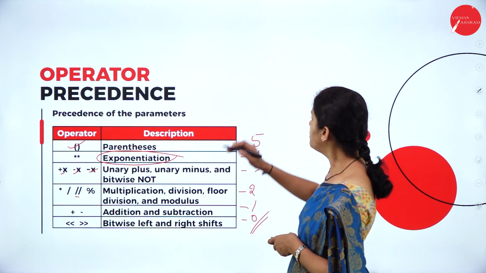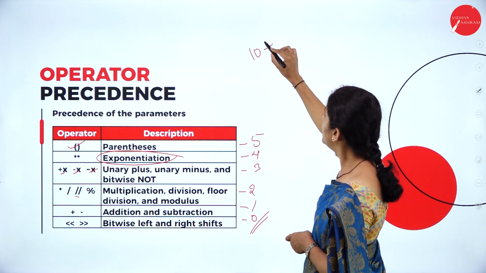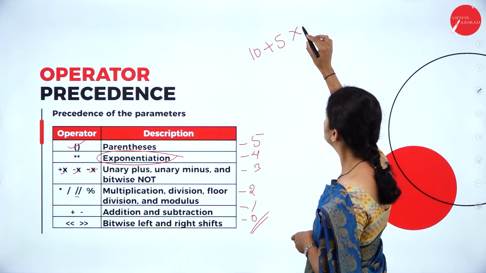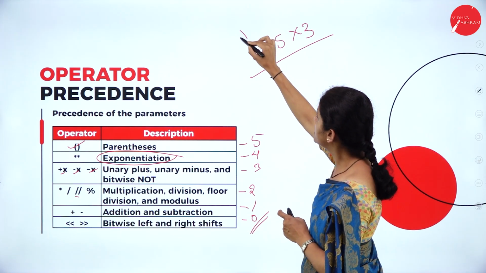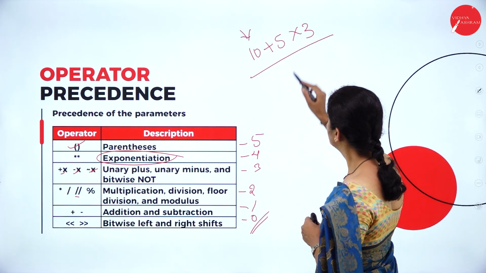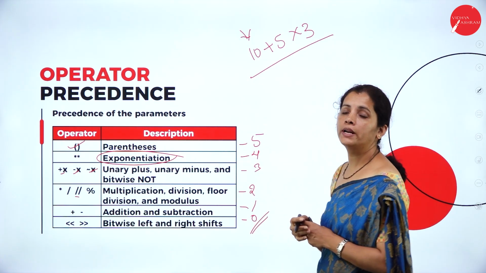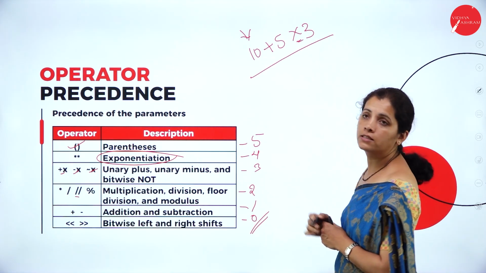So the highest precedence is given to parentheses and the lowest precedence is given to bitwise left and right shift. If I write 10 plus 5 star 3, how is this expression evaluated? According to this explanation, which operator has higher precedence? That is star.